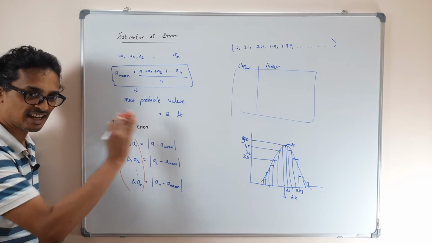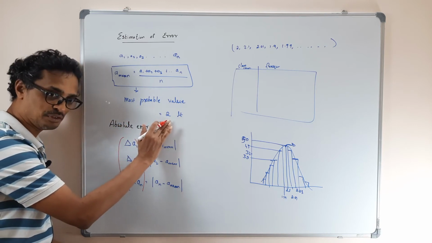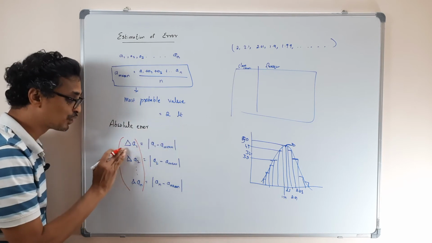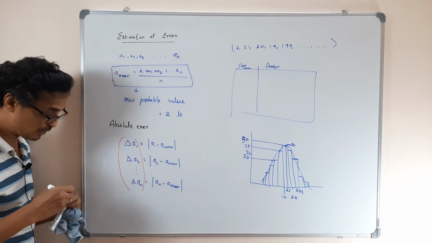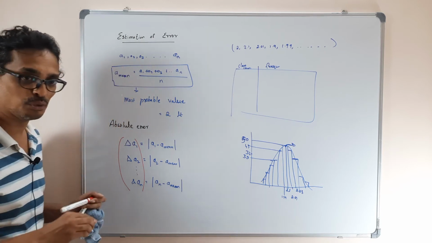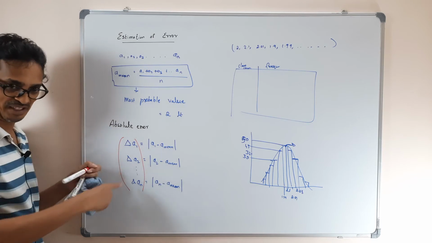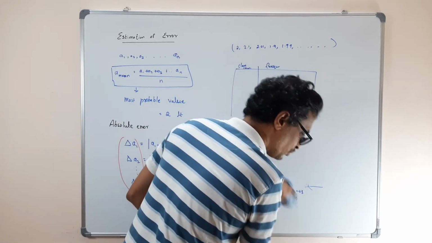So when I repeated the experiment 10 times, I got a mean value and I got the absolute error for all the 10 experiments. Then the error in my mean value is the mean of all these absolute errors. So what is the term called?